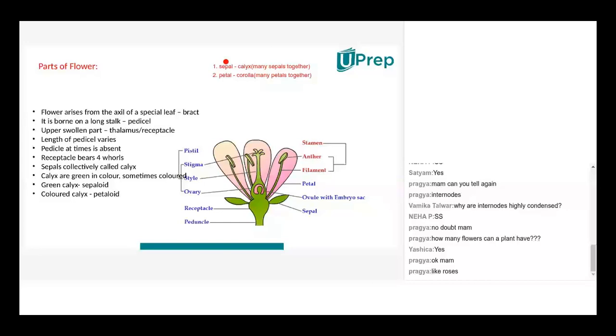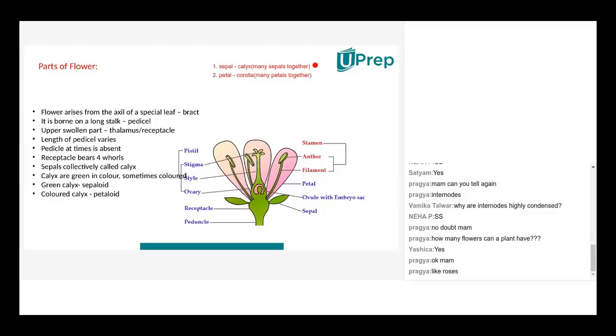So why is it written colored calyx? I'll come to that one by one. Thanks for asking this question. See, 99% of the time sepals are green in color. But there are certain flowers where the sepals are colored.